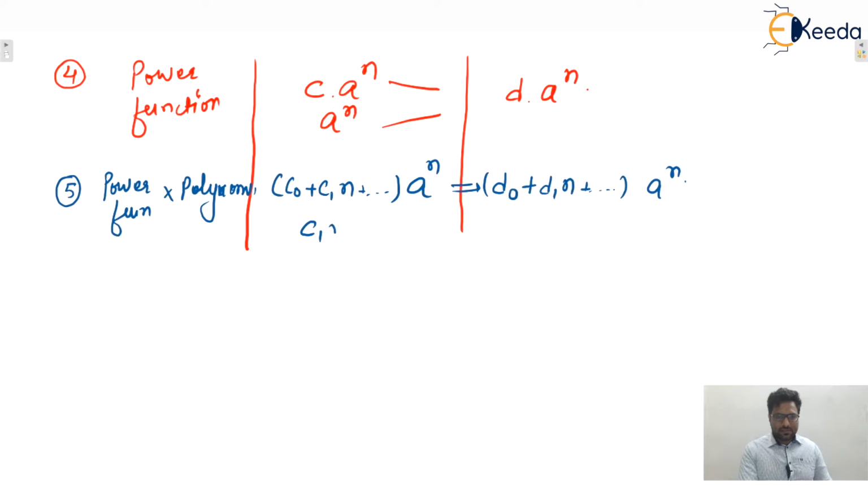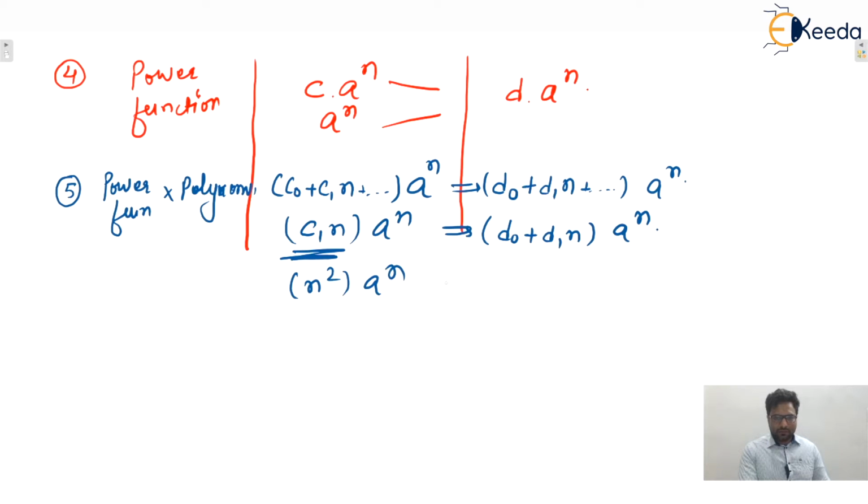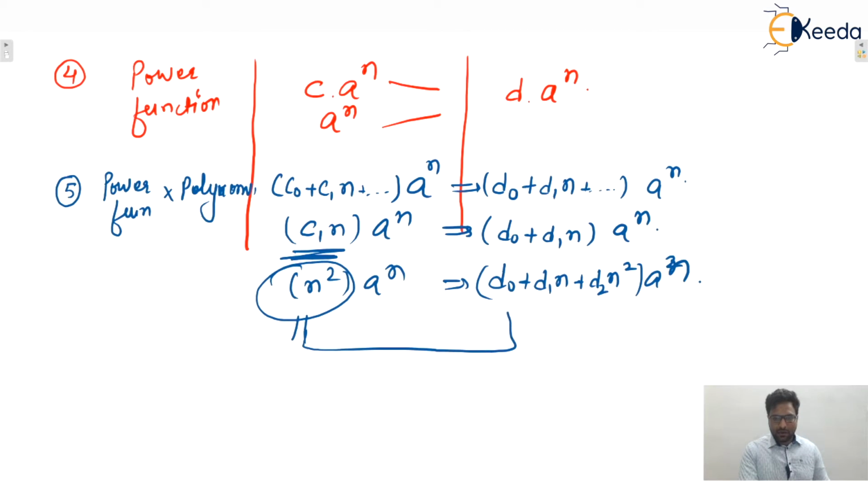If it is linear, we write d0 plus d1n into a power n. If it is quadratic, then it will be d0 plus d1n plus d2n square into a power n. Remember, a power n will remain as it is.